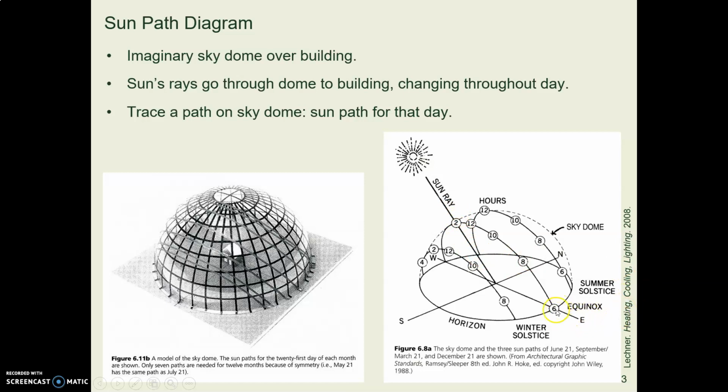And keep doing that throughout the day, starting in the morning and going to the afternoon, as the sun at a particular time of day pierces that dome. Get a marker and make a mark there. And when you are done, you will find you have a path of dots or marks all the way across that dome where the sun went across the sky.